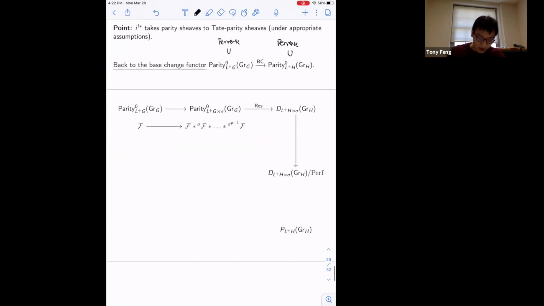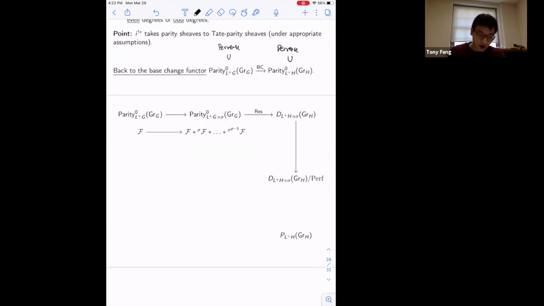And that functor now is going to be constructed in a way pretty similar to our homomorphism. You take a sheaf, you convolve it with its own translates to make something equivariant. Then you can apply this Smith functor, and you land inside the category of Tate parity sheaves on the Grassmannian of H, of this fixed point locus.